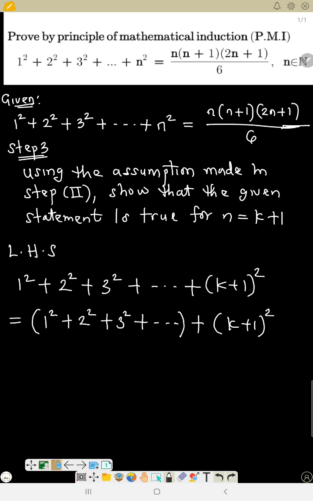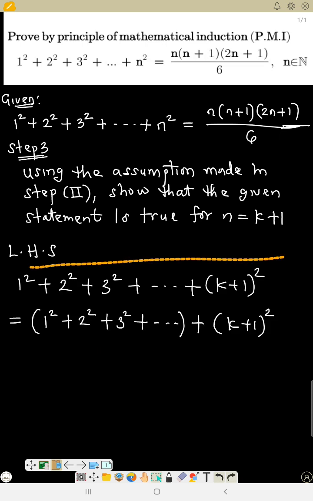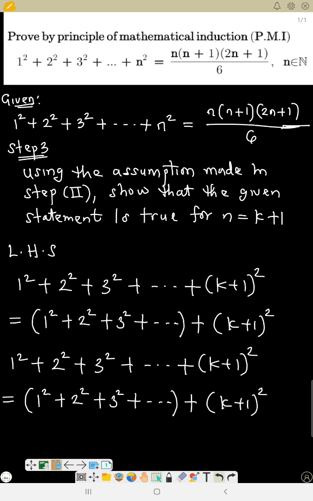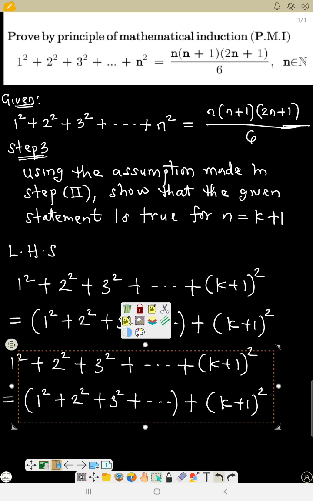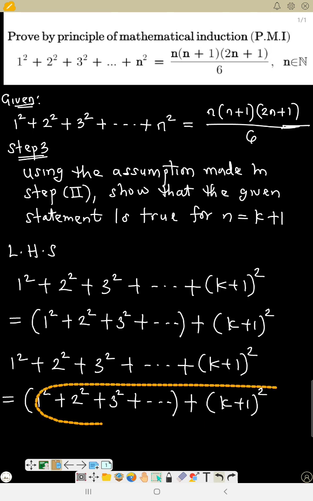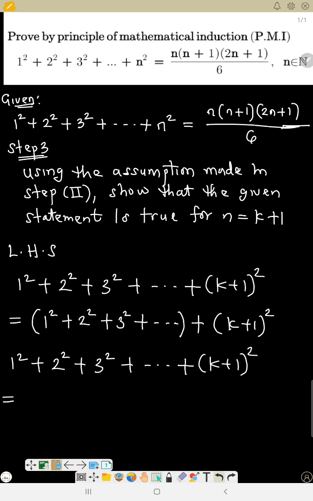So next step, instead of writing everything in this bracket, I'll write it and complete it.